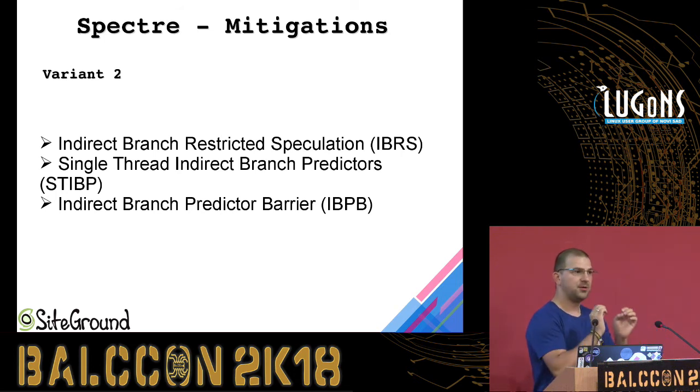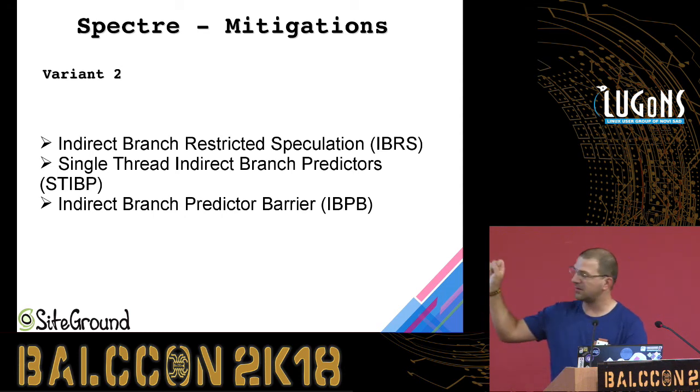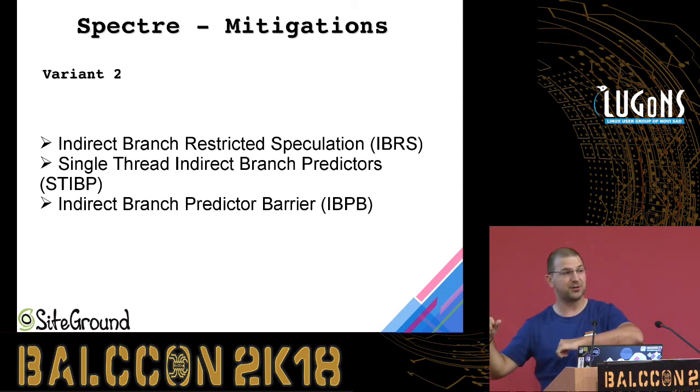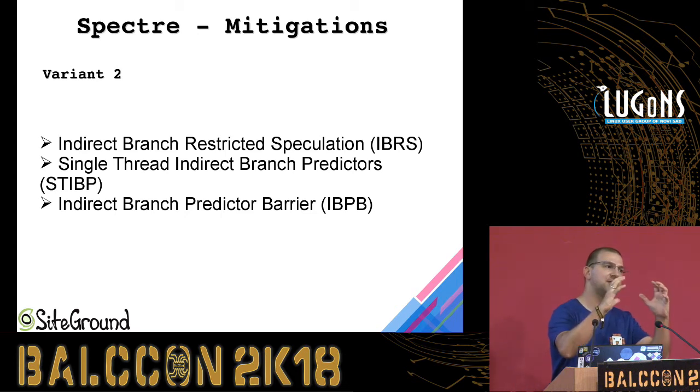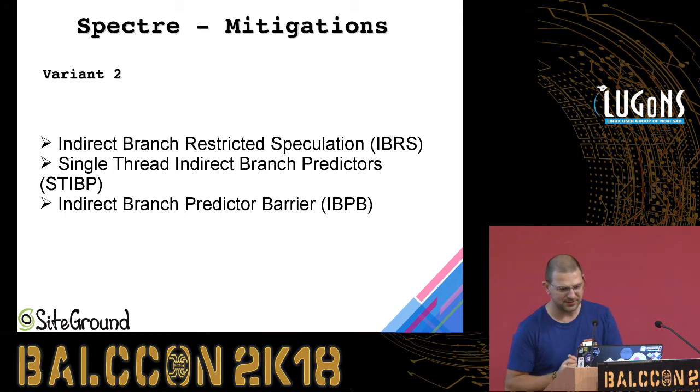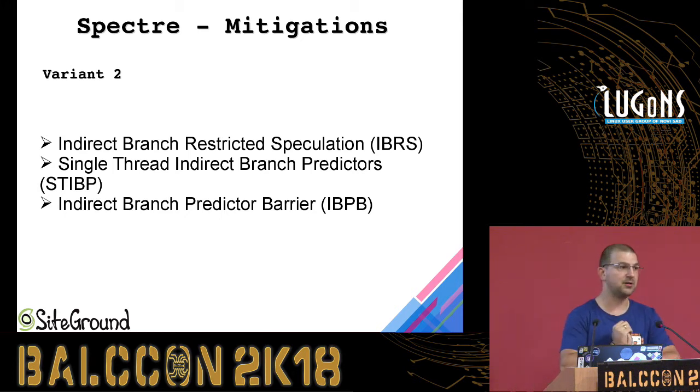The second is single thread indirect branch predictors. This means that you're now limiting these predictions to be handled only inside a single thread. And the indirect branch predictor barrier is the whole thing: essentially you are preventing predictions from happening.